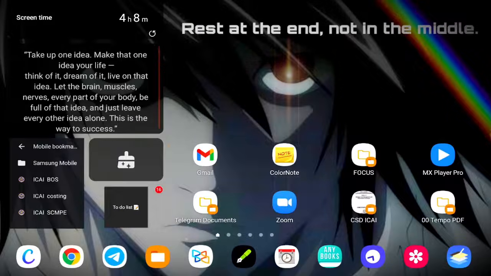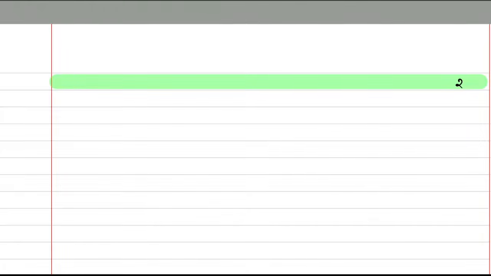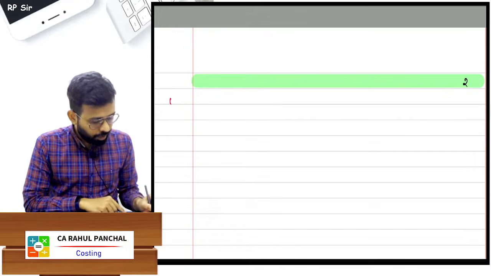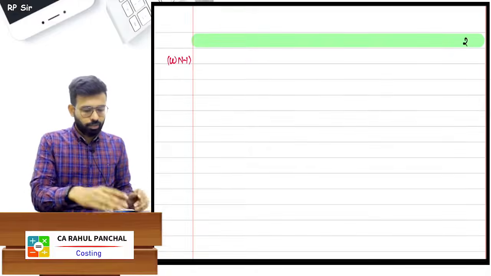Let's start. Here we go. So, if you talk about this, first we always have to make the working note as to classification of cost. So, please write it down. Working note number 1, that is classification of cost.